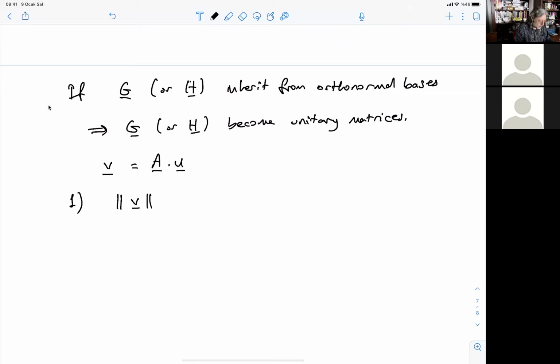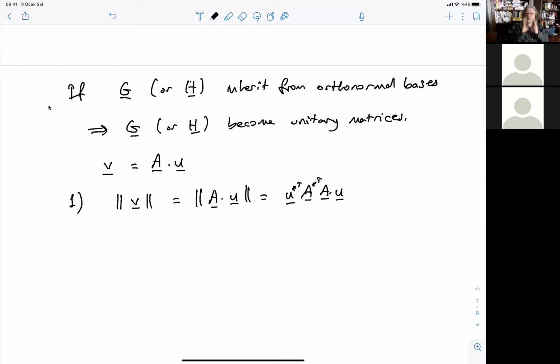V norm will be equal to the norm of A times U, which is A times U at the right-hand side, and at the left-hand side, it's conjugate transpose, A conjugate transpose U conjugate transpose.